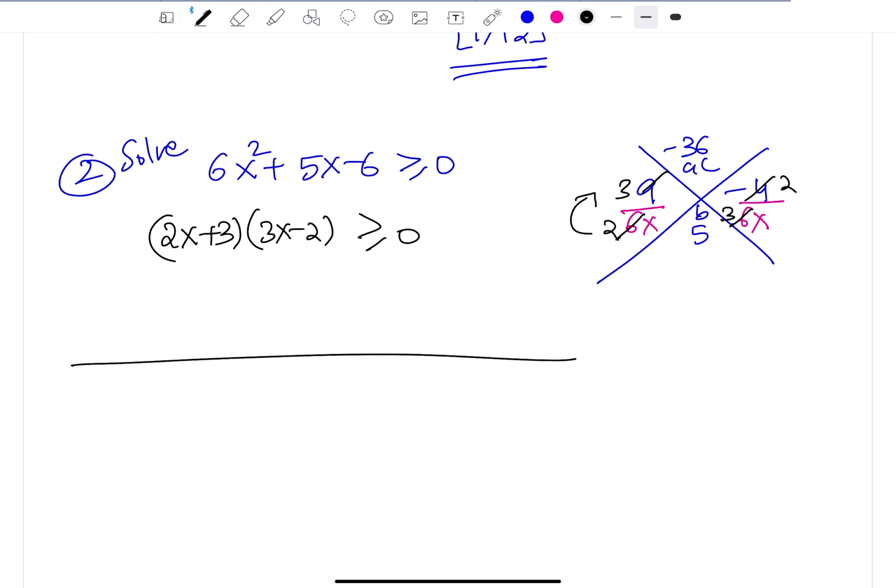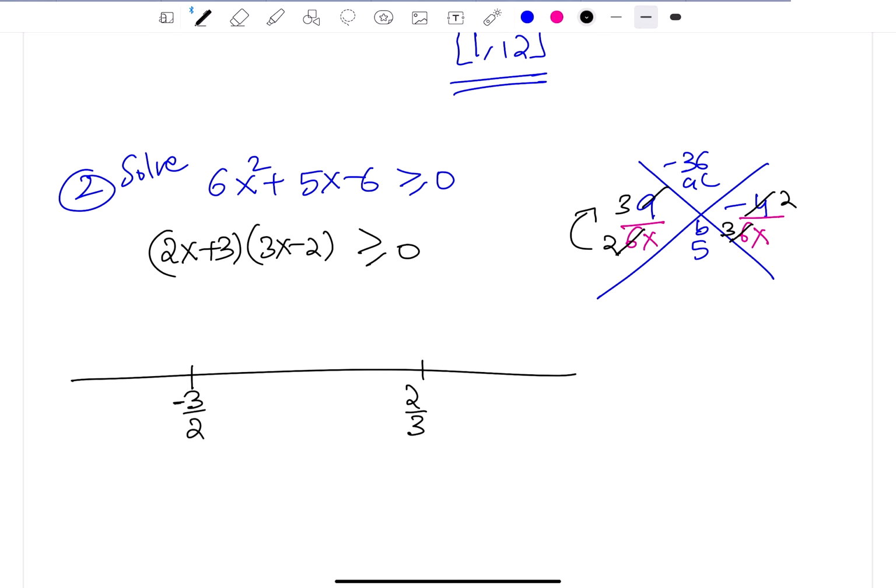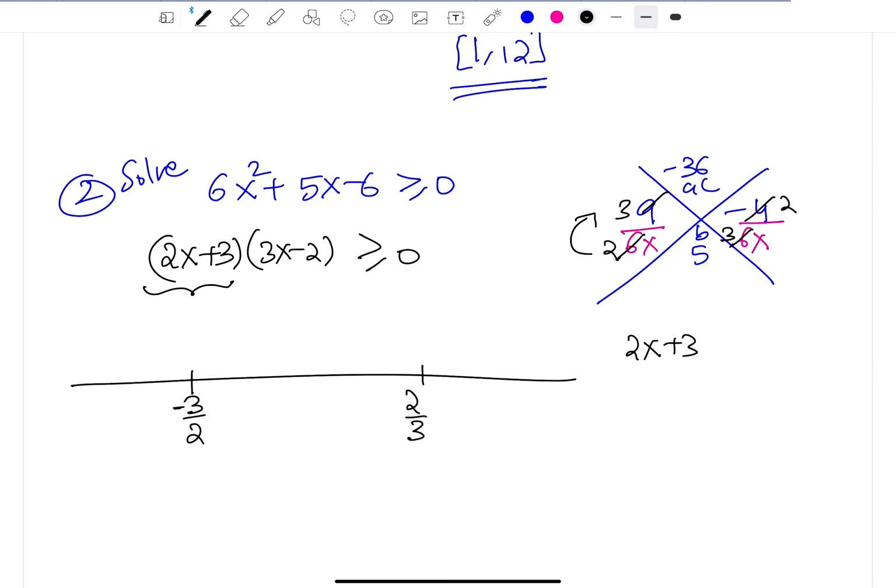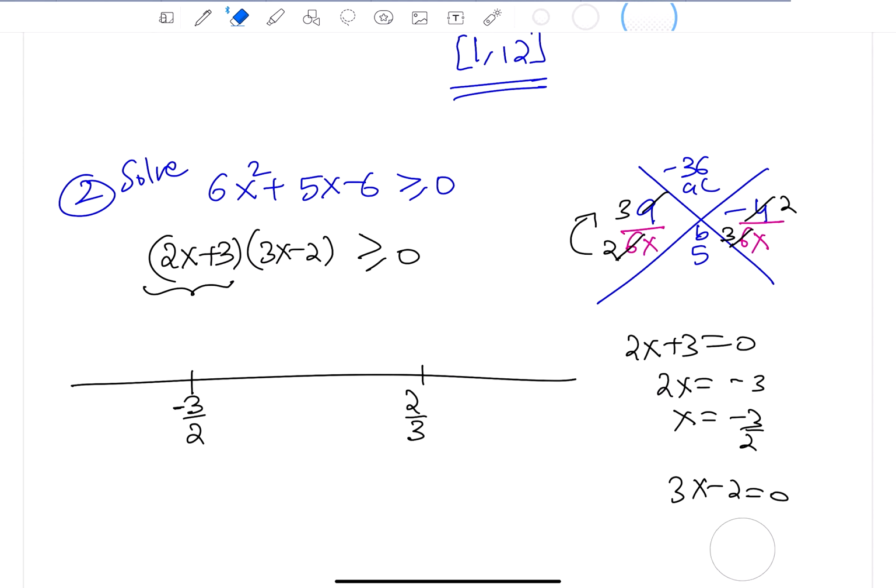Now let's go ahead and mark our number line. The first factor, where the expression becomes 0, is at negative 3/2, because 2x plus 3 is 0 when x is negative 3/2, and 3x minus 2 becomes 0 when x equals 2/3.